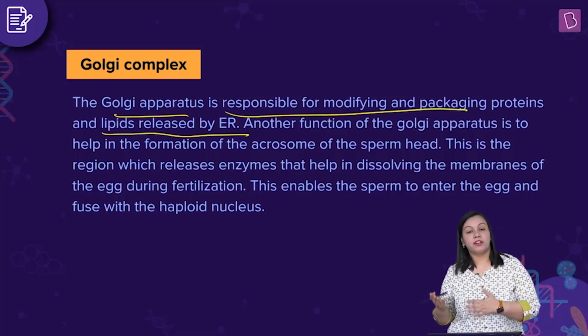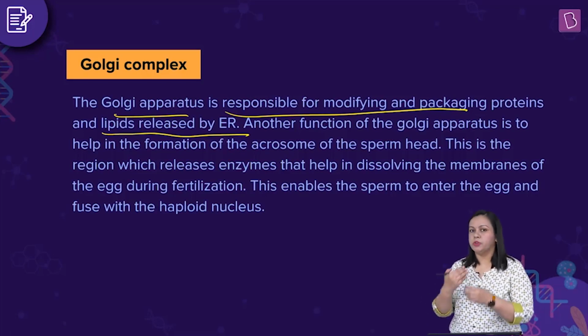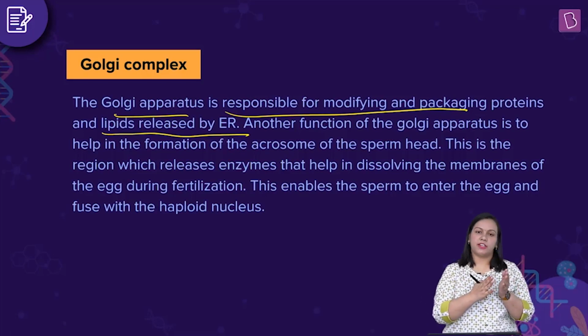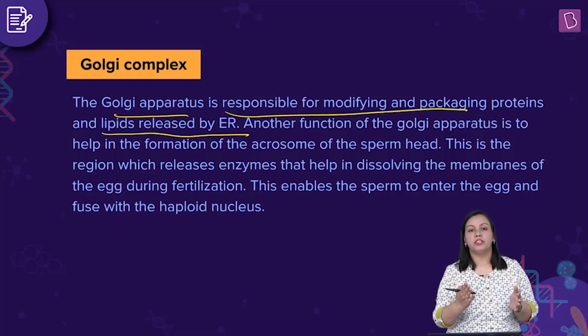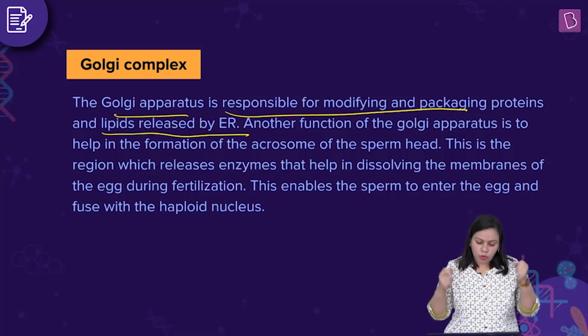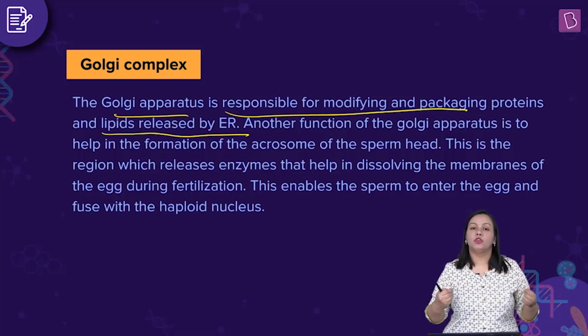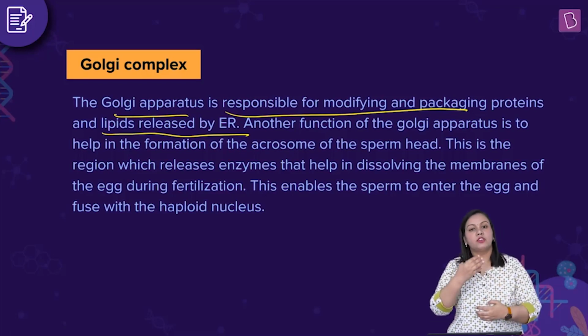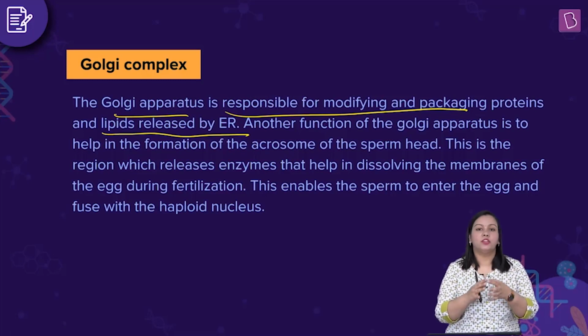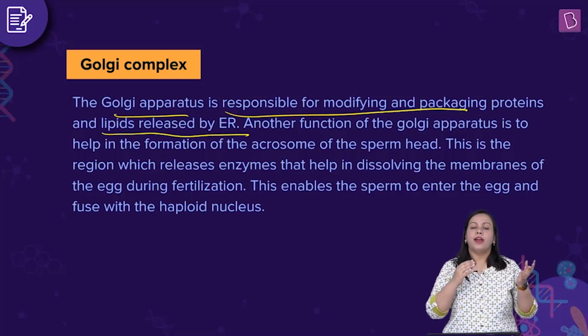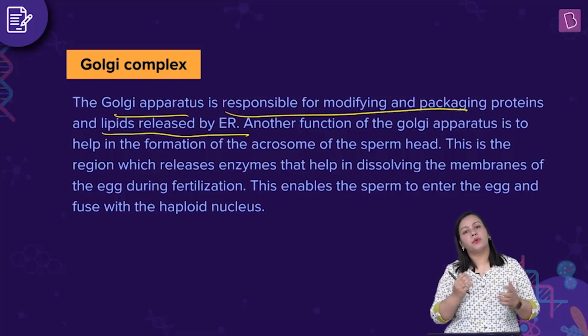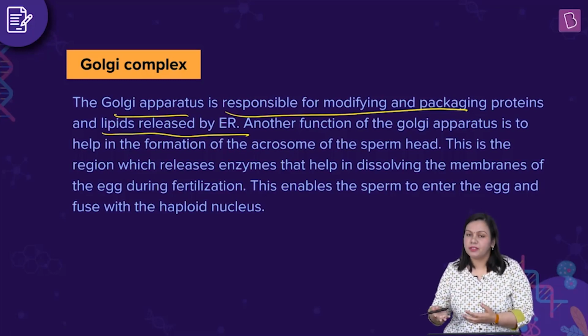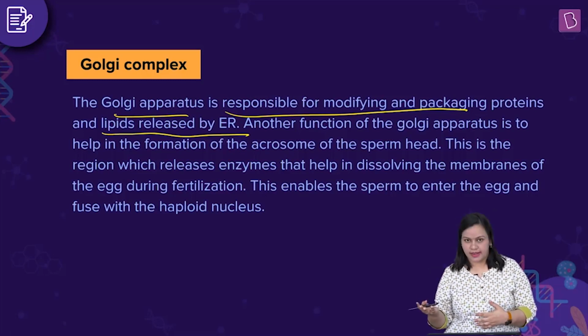So rough endoplasmic reticulum is responsible for synthesis of proteins, and smooth endoplasmic reticulum is responsible for synthesis of the lipids. Both these things, whenever they are synthesized, are sent across to the Golgi apparatus, and the Golgi apparatus carries out its modification and packaging into respective vesicles. And this will be taken to wherever it needs to be transported, be it within the cell, be it outside the cell. All right.